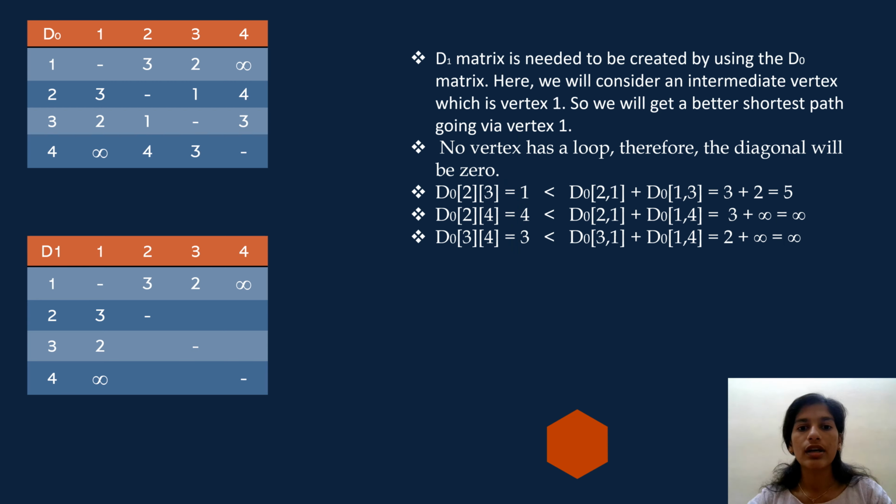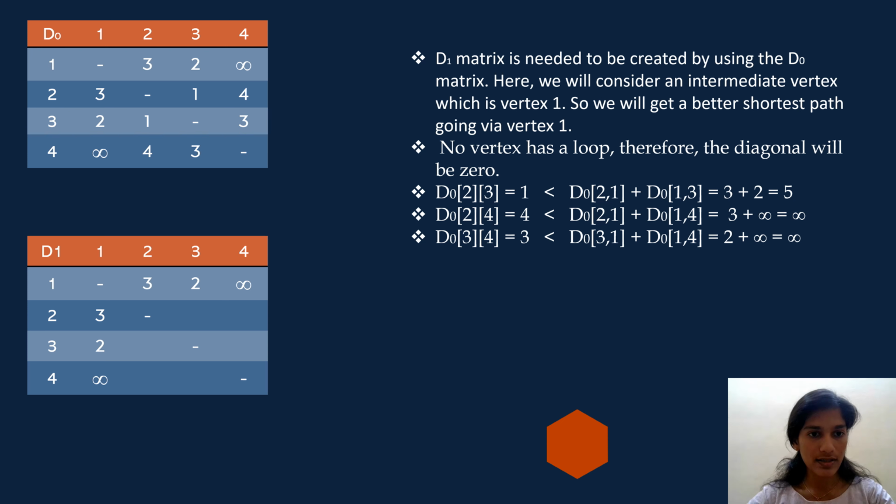Now the D1 matrix needs to be created by using the D0 matrix. We keep D0, and here we consider an intermediate value, k, as we said in the earlier slide. We consider k equal to 1 to be constant, so we will get a better shortest path going through vertex 1.